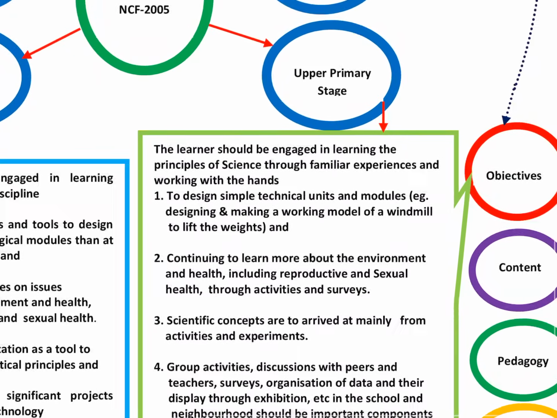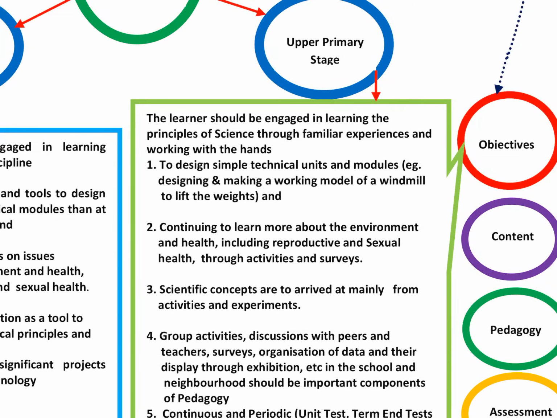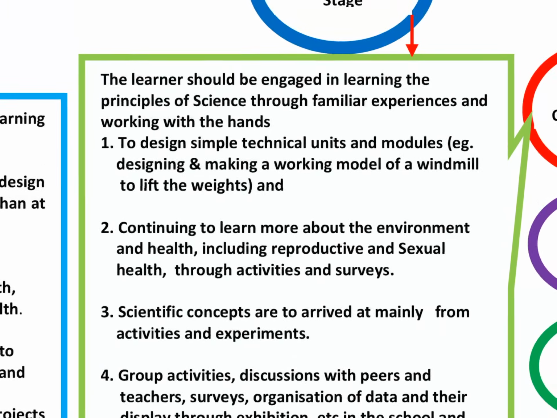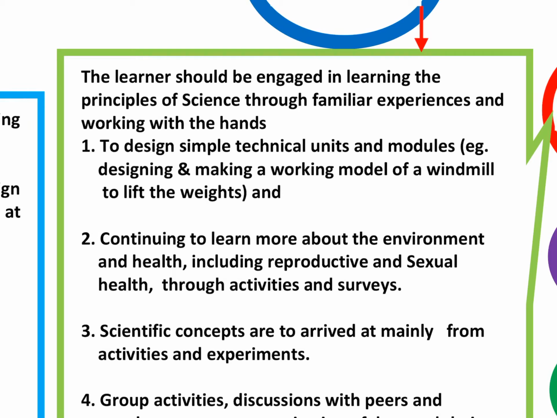And the same thing now in the upper primary stage, because the primary stage gives the foundation for the upper primary stage. So in the upper primary stage, the main objectives of science education are: the learners should be engaged in learning the concepts, facts, and principles of science through familiar experiences and working with their hands.